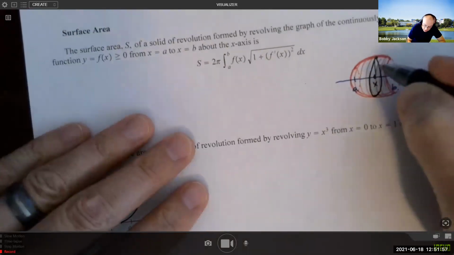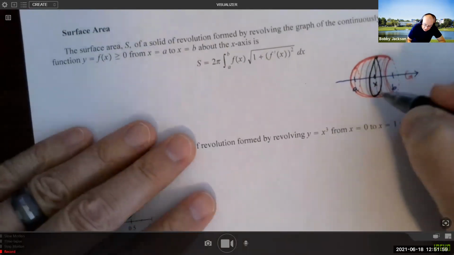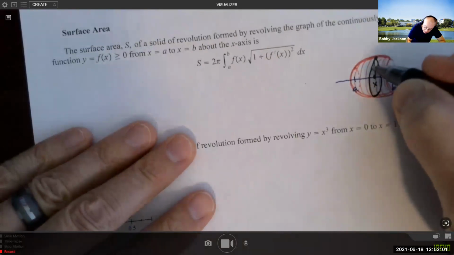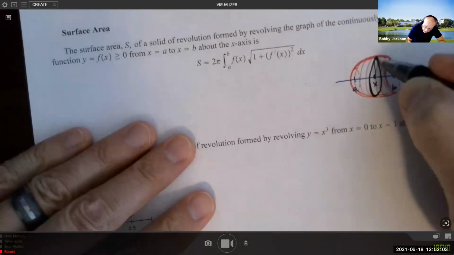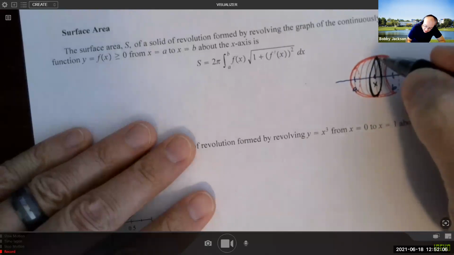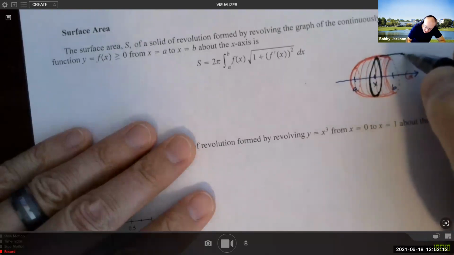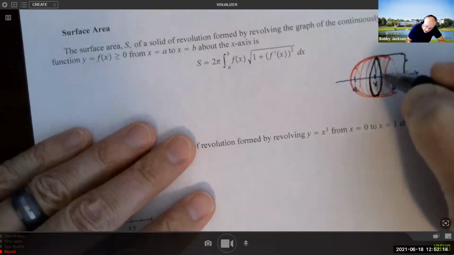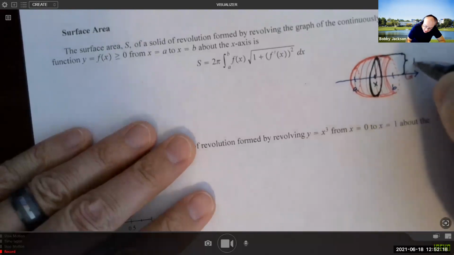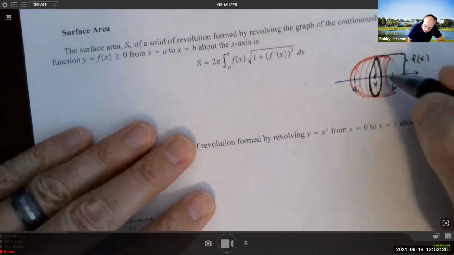Now, when we were doing the volume, we want to know the area of the circle, right? But now we want the distance around, so to speak, right? And what is the radius of this circle? Well, it's the height of the curve. The radius of this circle is just the function f of x, right?